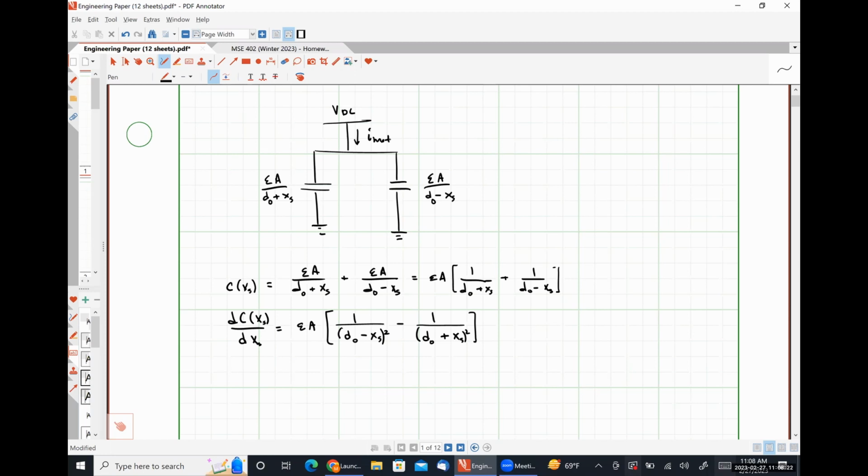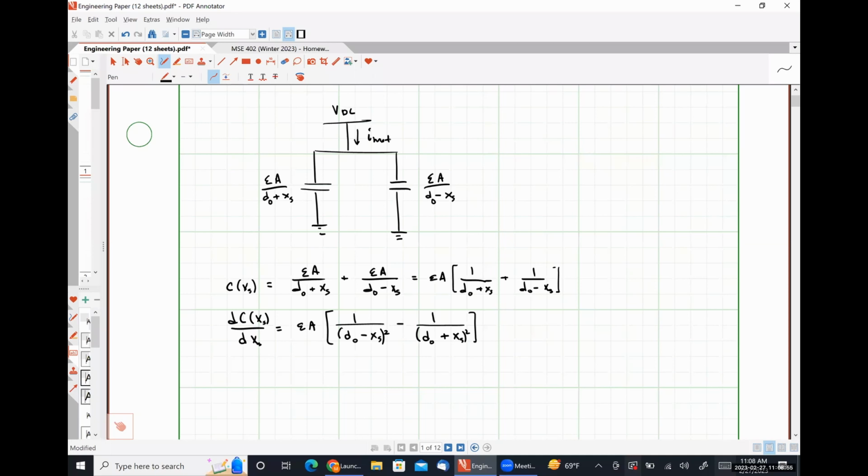No, you're right, because this is only for the sense. I'm saying wrong what I'm doing here. It's the number of fingers times epsilon A over, and it should be exactly what we did in the example problem, except the number of fingers and the parameters are different for the drive mode displacement. So that's 2 ND, the number of fingers.